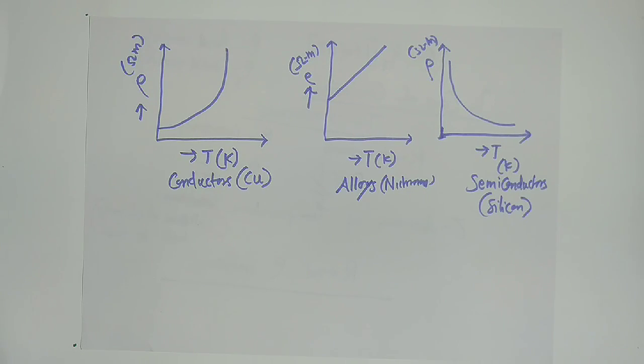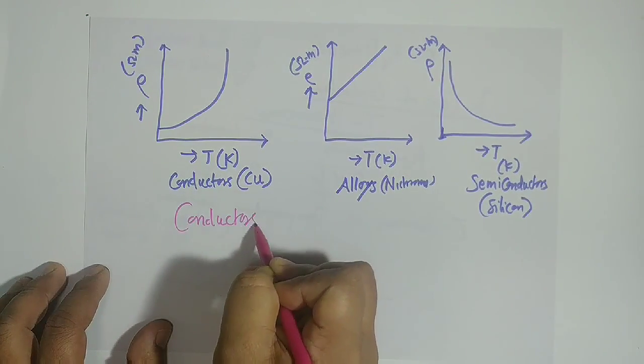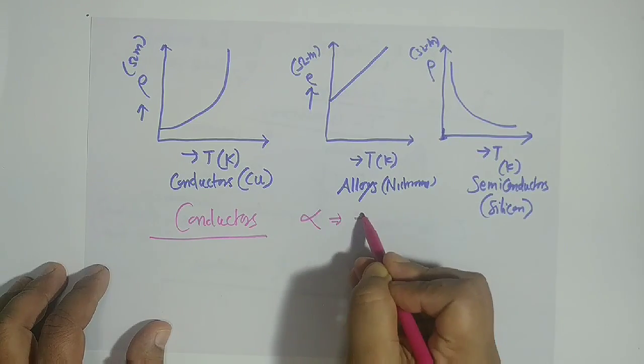As you increase the temperature, in case of conductors, what happens? Alpha is positive. If I say conductors, for conductors alpha is positive.